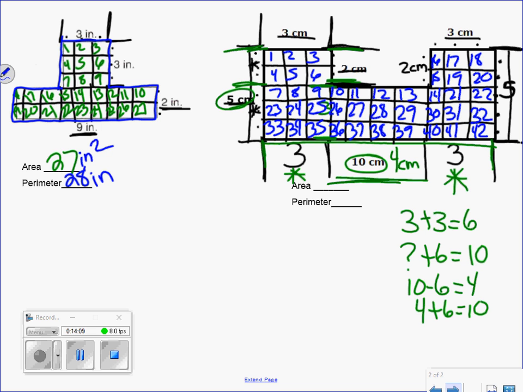So my area would be 42 centimeters squared.